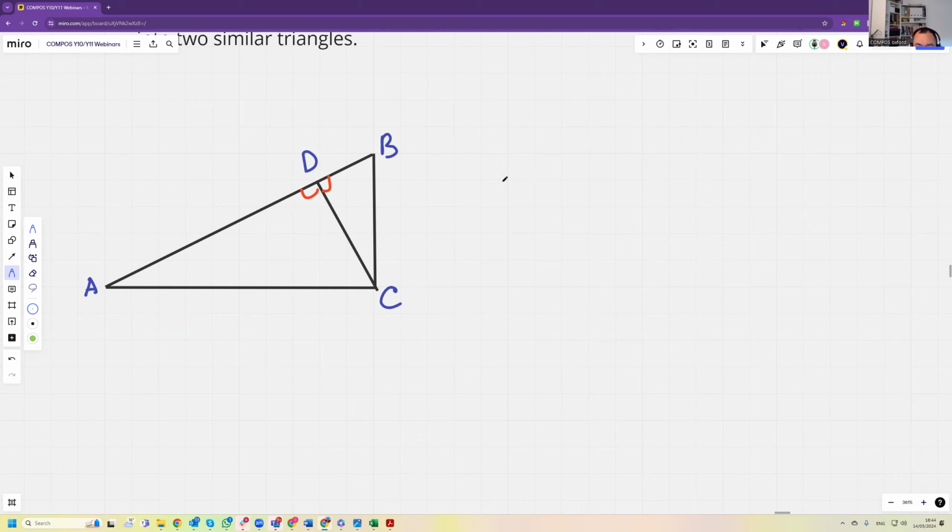We need to show that triangle ADC is similar to triangle CDB.